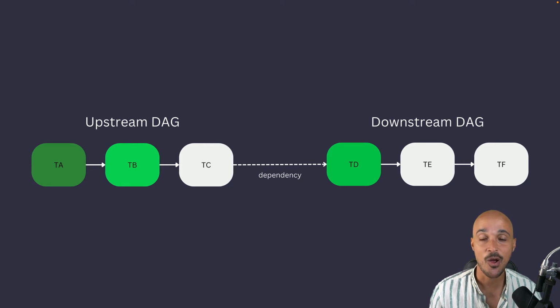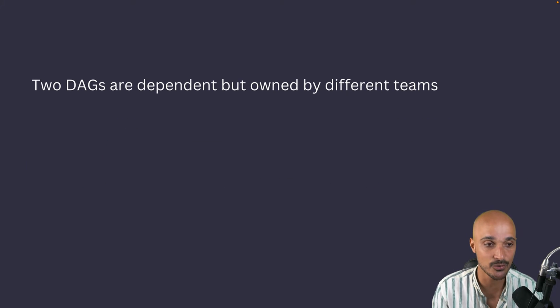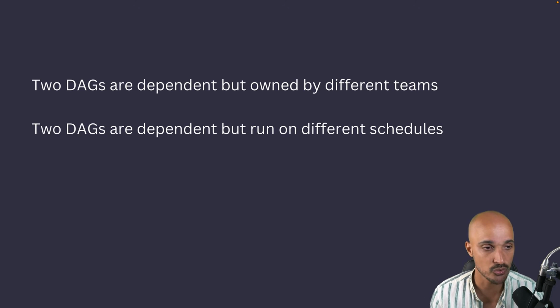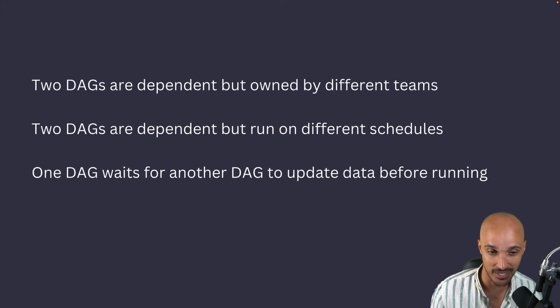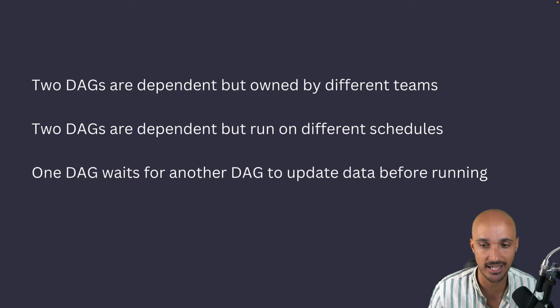But the question is, why would you need DAG dependencies? Well, one of the reasons is if you have 2 DAGs that are dependent but owned by different teams. For example, the data engineers has a data pipeline that produces data for another data pipeline that is owned by the data analysts in order to create reports. Also, if you have 2 DAGs that are dependent but run on different schedules, and maybe you have one DAG that waits for another DAG to update data before running.